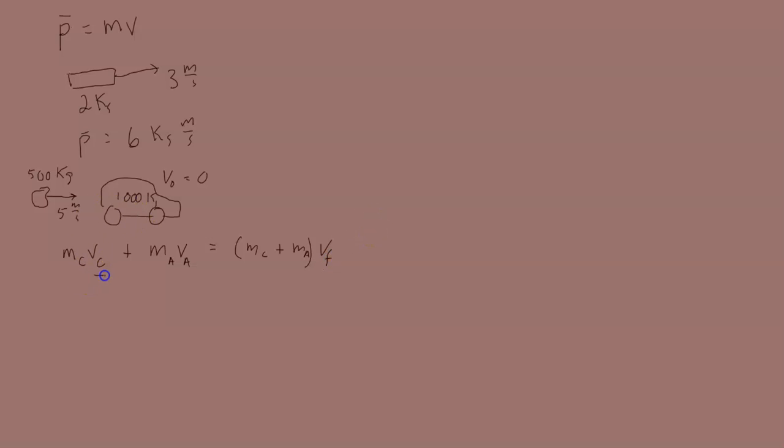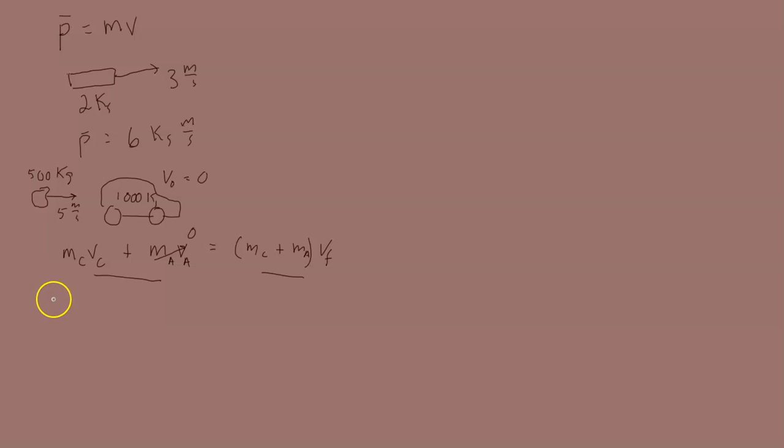Momentum before is equal to momentum afterwards. Before the collision, the momentum of the car is 0. So by using this, we can figure out the velocity of the car and the clay after the collision.